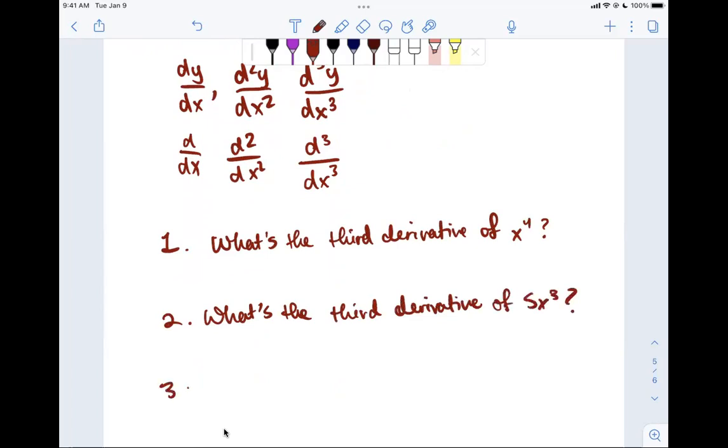And finally, what's the first derivative of 6x? We'll just pause for a moment.